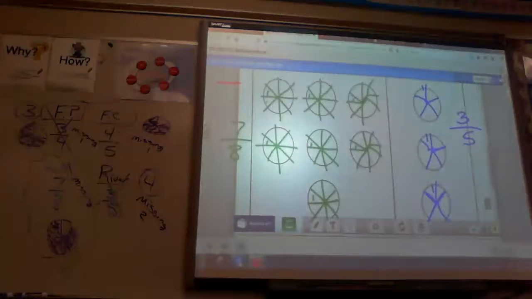Because if eighths are smaller, so if you only have one missing, I don't really know how to explain it. Okay, well, I think you're actually really, really close, Maddie. I think that what you're saying is eighths are smaller than fifths, yes? Yeah. So if you're missing 1/8, that would be missing less pizza than if you were missing 1/5. Mm-hmm. Very good.